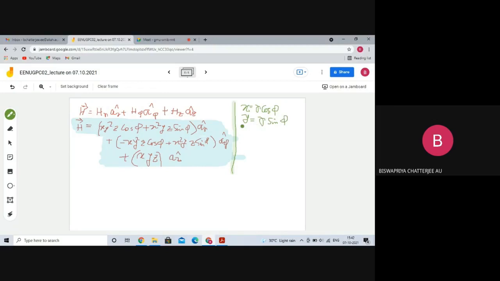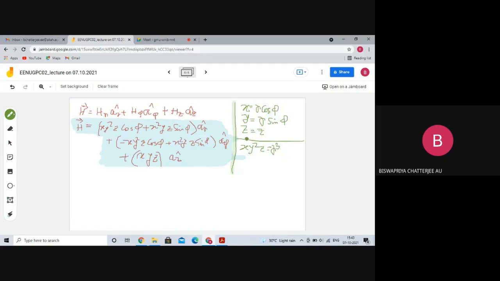And what is z? z equals z. So let me evaluate one by one. So you see x y square z will be equal to r cube.